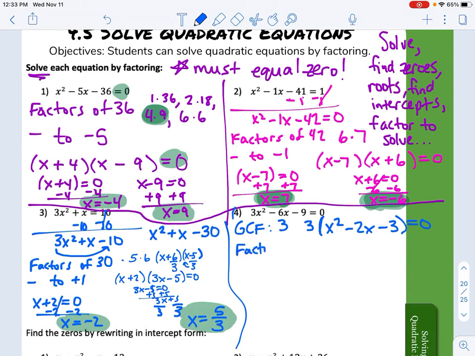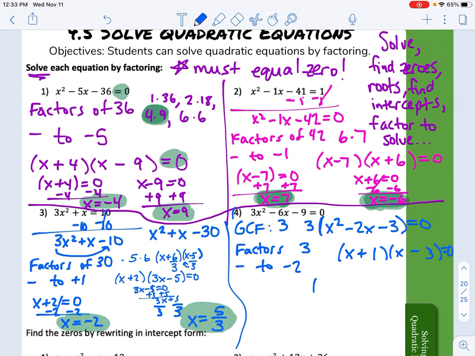So we need factors of 3 that subtract to negative 2. 3 is pretty easy. There's only one factoring pair that you can have. So we'll just have to figure out the signs. We have 1 and 3. If we need to go to negative 2, we need the 3 to be negative.